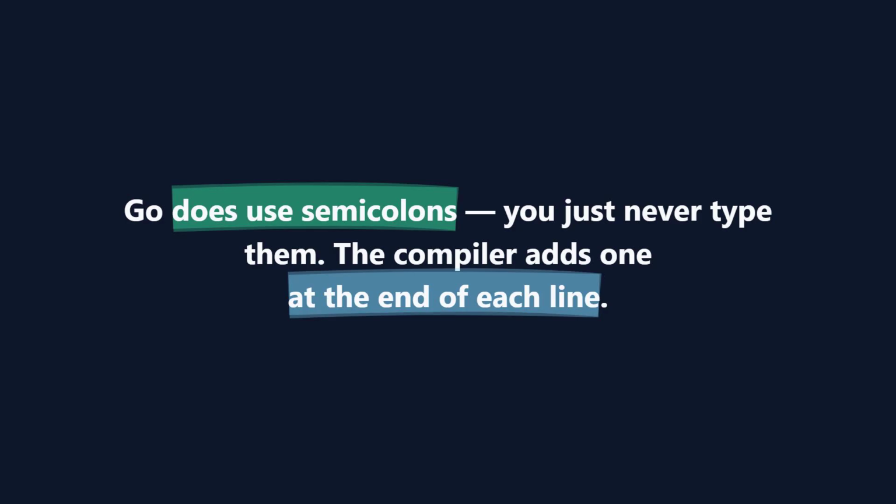Now put the brace on its own line. The line above it, func main with empty brackets, looks perfectly finished. So Go adds a semicolon right there, and a function header with a semicolon after it, and no body, is not a function. That is why it breaks.